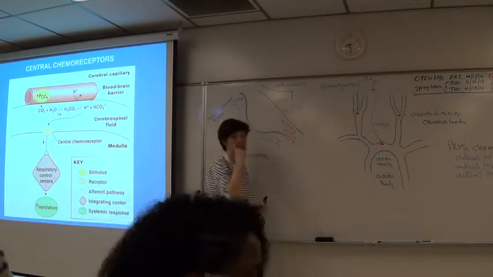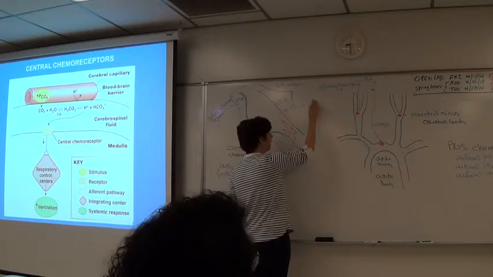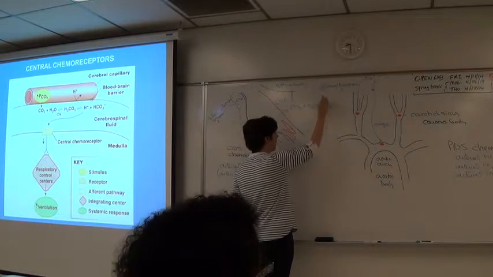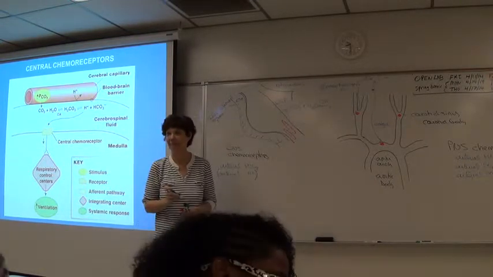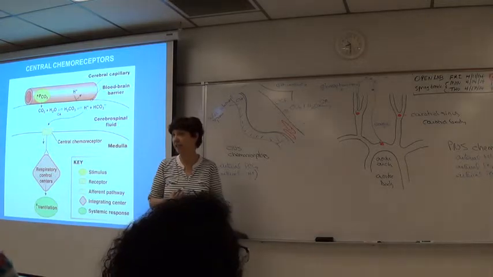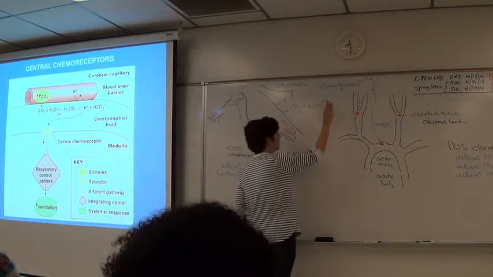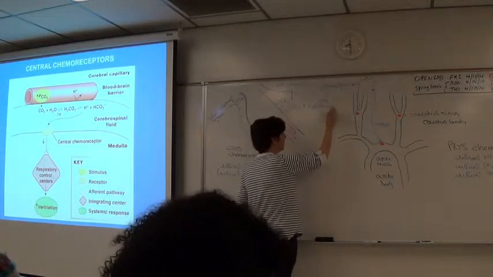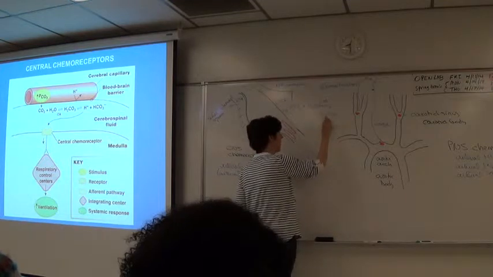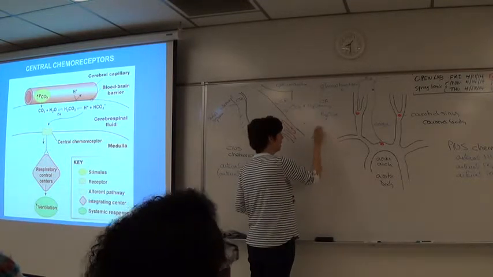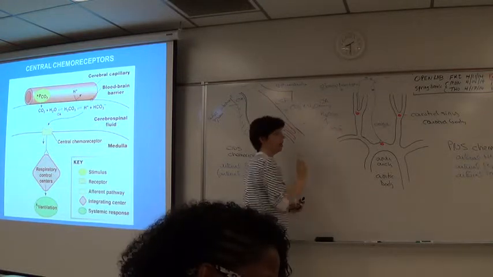And present in the CSF, we have a familiar enzyme, carbonic anhydrase. Remember that speeds up the rate of the reaction. It occurs slowly anyway in the plasma, but this speeds up the rate of the reaction and forms carbonic acid, which then can just dissociate to form hydrogen ions and bicarbonate ions.